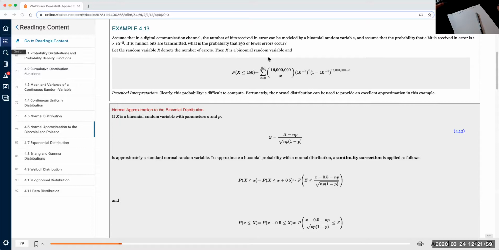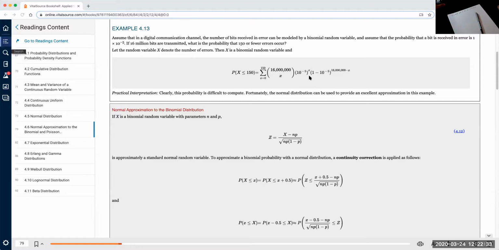The total number of trials is going to be 16 million, and X is the number of bits received in error. The probability of success is 10 to negative 5, because the probability a bit is received in error is 1 times 10 to negative 5. Then q, the probability of failure, is 1 minus the probability of success.